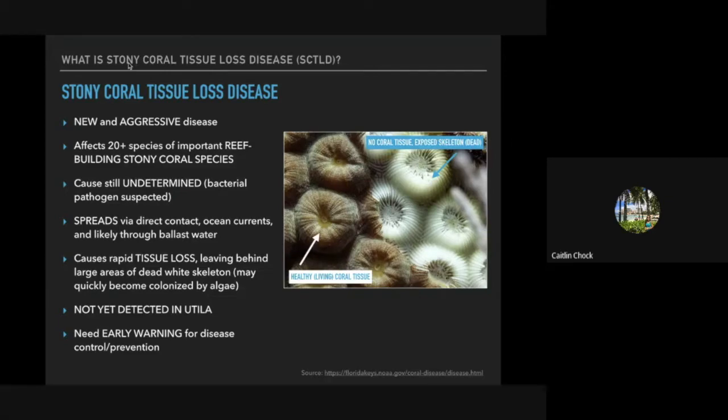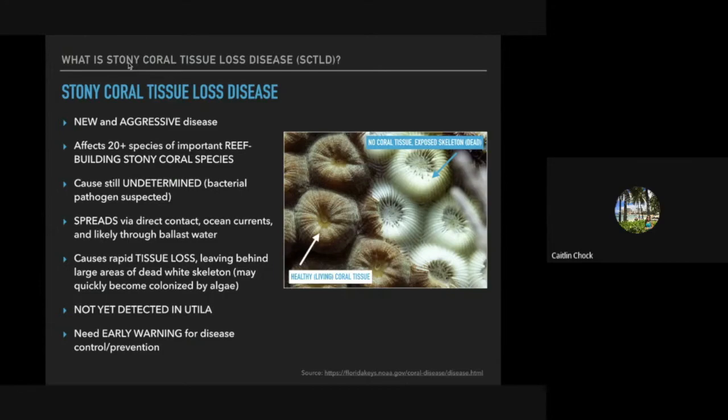Remember that it is relatively new and very aggressive. It affects 20+ species of our important reef-building stony corals, so a lot of the species that you just learned about. The cause is still undetermined, bacterial pathogen suspected. It spreads via direct contact, so coral to coral, ocean currents, and likely through ballast water.